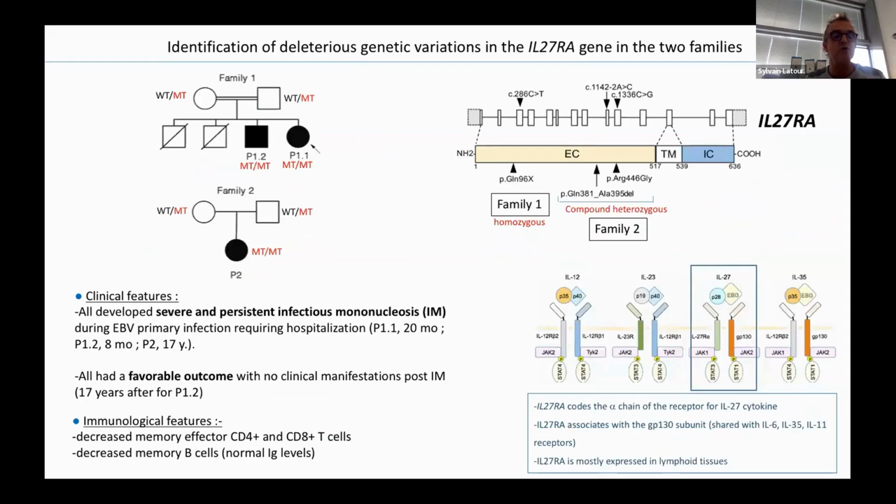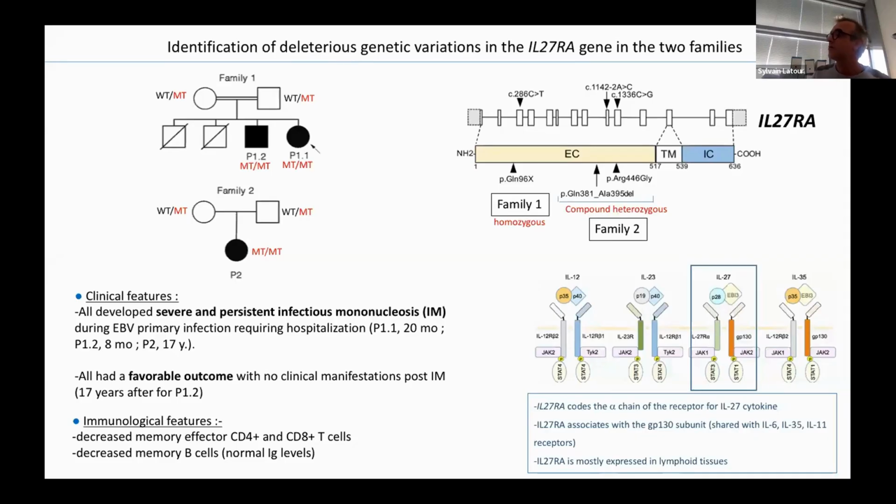When we look at the immunological features of these patients, they had decreased memory effector CD4 and CD8 T cells, decreased memory T cells, but normal IgG. In these patients, we identified biallelic mutations in the gene IL-27RA, which codes for the alpha chain of the IL-27 receptor.